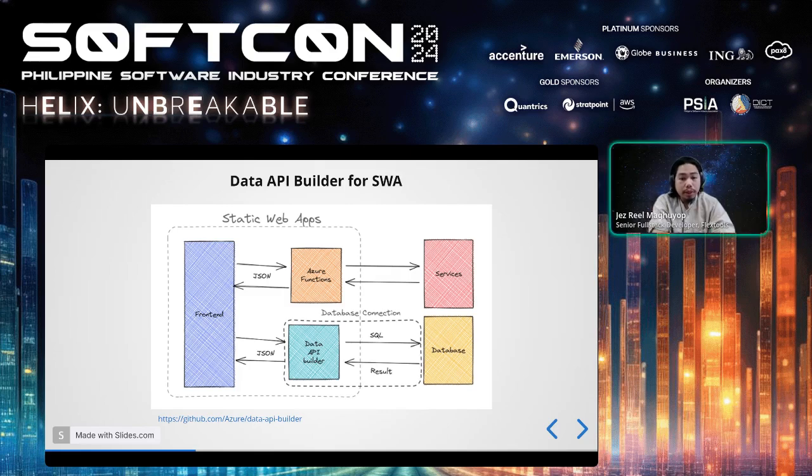Data API Builder also supports different data sources, including, of course, the popular relational databases such as SQL Server and Azure SQL. It also supports NoSQL databases like Cosmos DB, and they're trying to support MongoDB now.